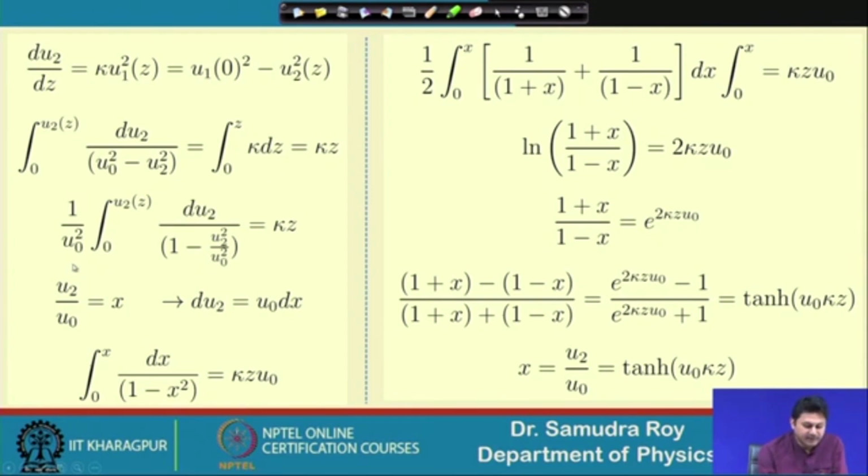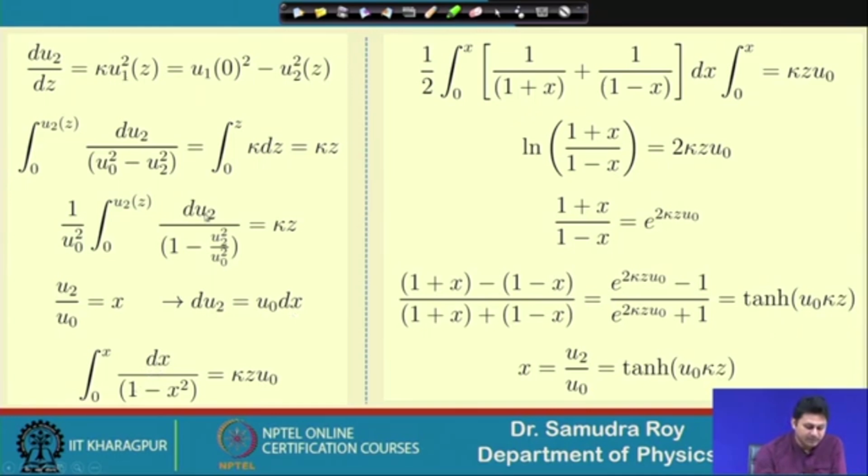On the left hand side, I can manipulate this term by taking u0 square common. So 1 by u0 square will be here, du2, and then 1 minus u2 square divided by u0 square, that is the term we have. On the right hand side, kappa z as usual. Then I take u2 by u0 as x. If I take u2 by u0 as x, then du2 becomes u0 dx.